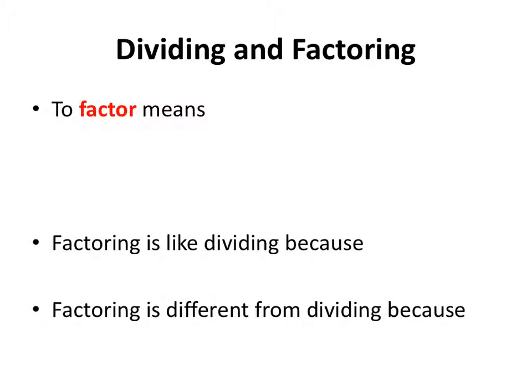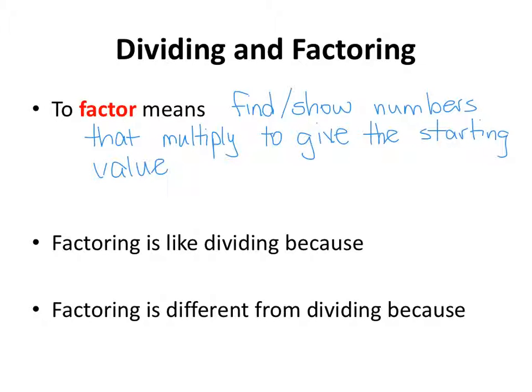Let's start by making sure that we understand what it is when we are going to factor. Factoring means that we're going to show what numbers multiply together to give you the value you started with. So we notice here that factoring is very strongly tied to the idea of multiplying, which means that factoring is also closely related to dividing.